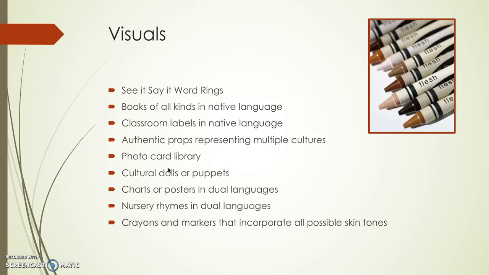Using labels in the classroom is extremely important and beneficial. These should be created in both the home language and in English. This allows the child to make a connection between the words and the objects. By having the object labeled in their home language, this can also offer the teacher the opportunity to create a sense of belonging in the classroom by using words from the student's home language.